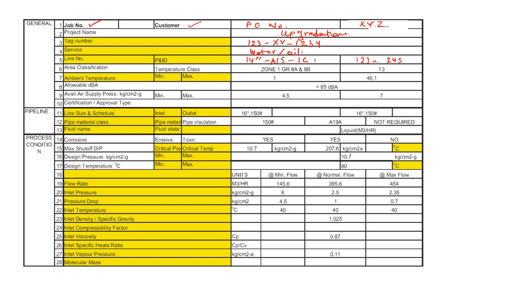Then comes the hazardous area classification. So here you can see it is written as zone 1, and then it is group 2A and group 2B, which is gas grouping, and then the temperature classification. If you are not aware what hazardous area classification is, please look into my other videos in the description.